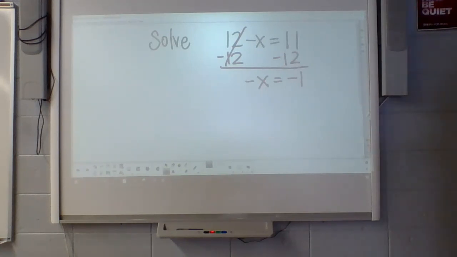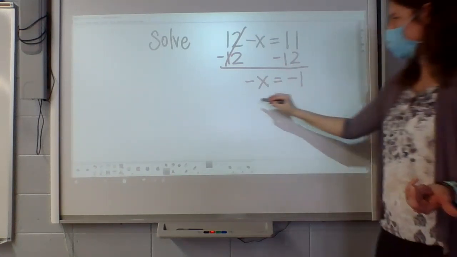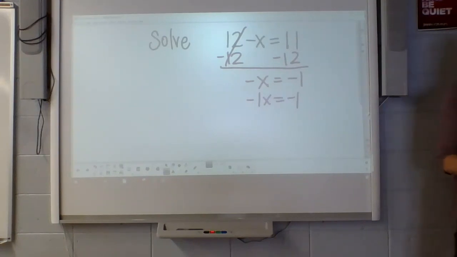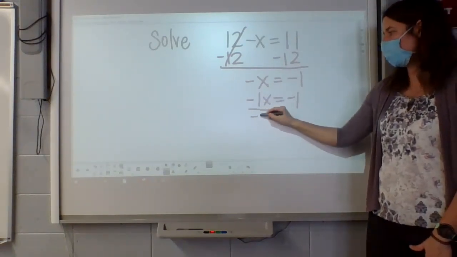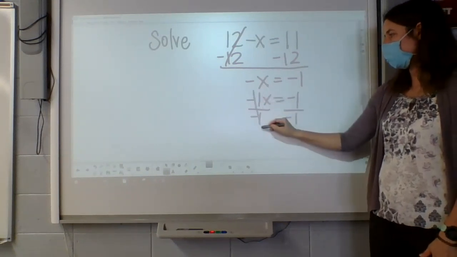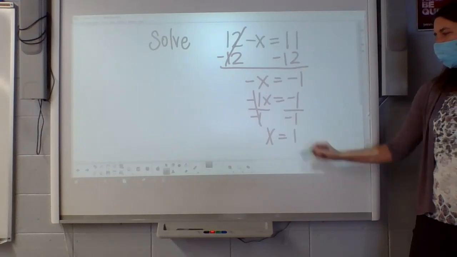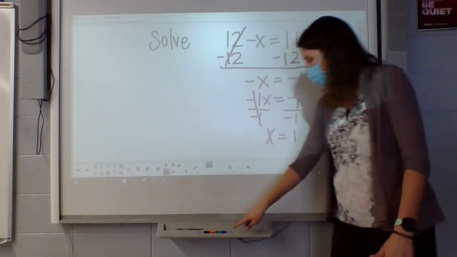I can't just say that x is -1. That x is negative here. So really, we talked about this last time. It's like that's a -1x. And I have to get rid of that -1. So I'm either going to have to multiply or divide both sides by -1. I need x to be a positive. Then that makes this -1 over a -1, which is a positive one. Kind of a weird question.